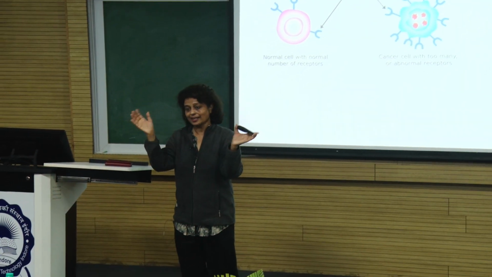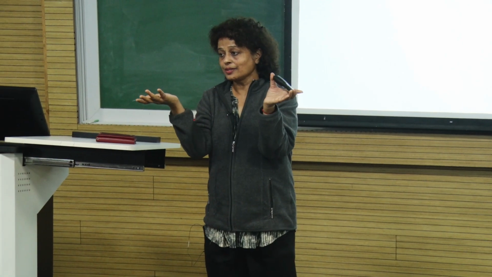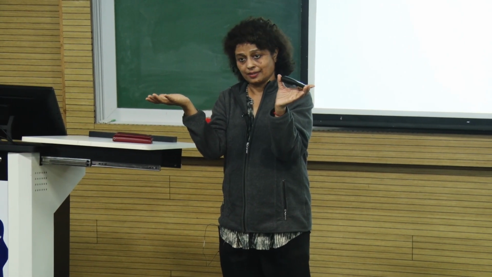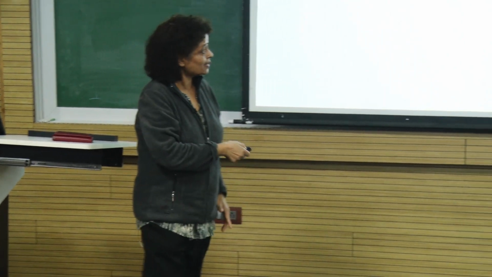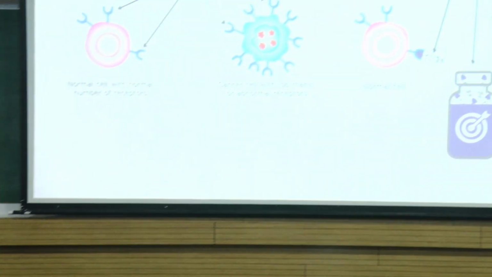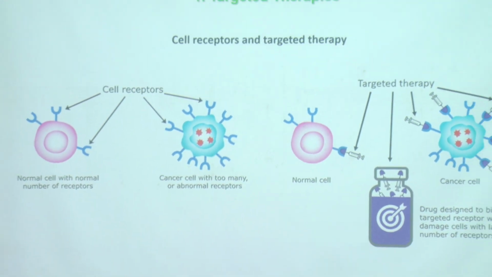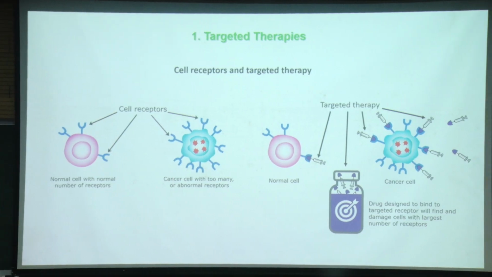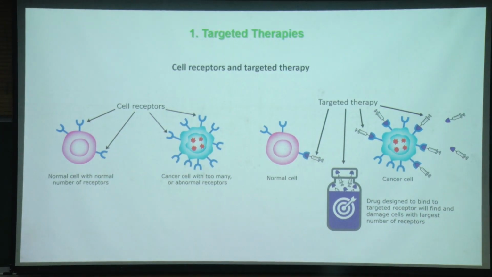You can keep on adding androgens, but they cannot bind because the inhibitor is bound at the same site. It's the competitive inhibitor there, right? So androgens will make no difference to that, right? So that is a targeted therapy. You are killing the receptors by binding it to some other thing. So there is no signaling going on there, okay?